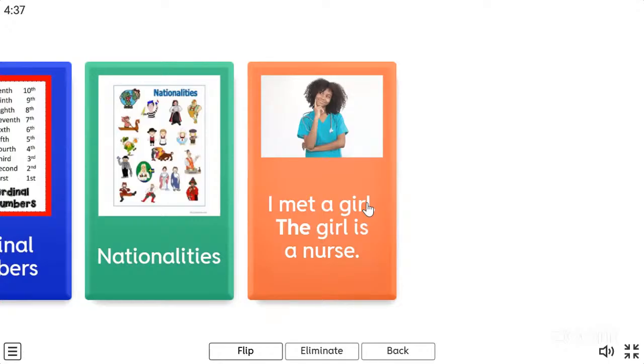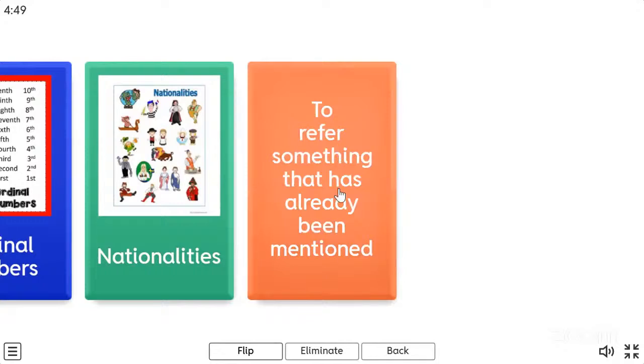The next time you talk about her, you are already referring to that person whom you met already. So you have got to know that she is a nurse. The girl is a nurse. Okay? To refer to something that has already been mentioned, someone you already know or have seen.